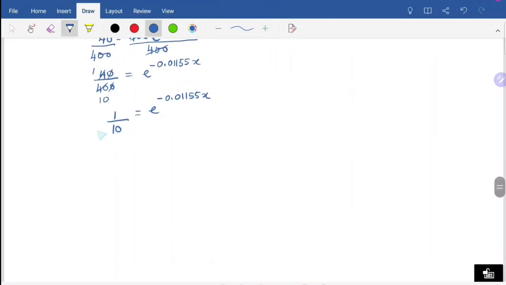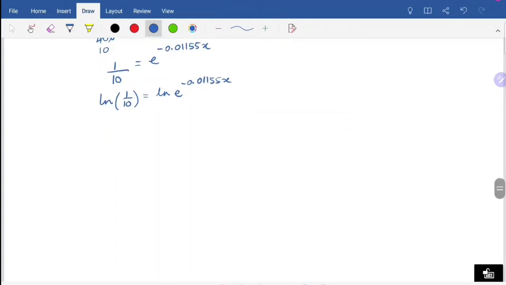Now in this step, we have to take the ln of both sides. To solve for x, we take the ln of both sides and write it as ln 1 over 10 equals ln of e raised to the power negative 0.01155x. What do we do in the next step?